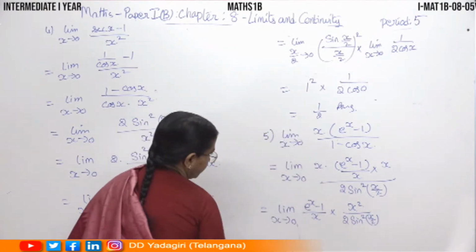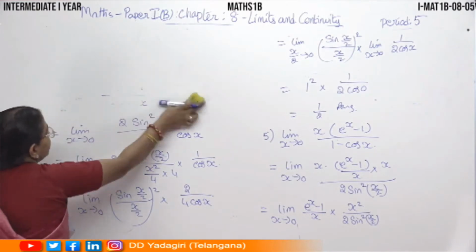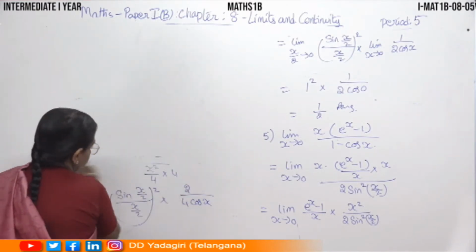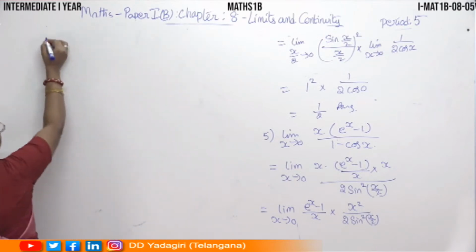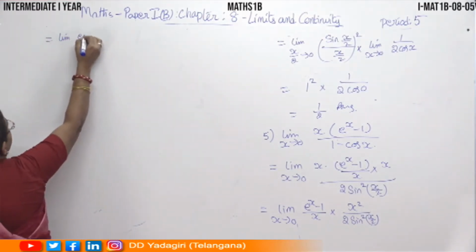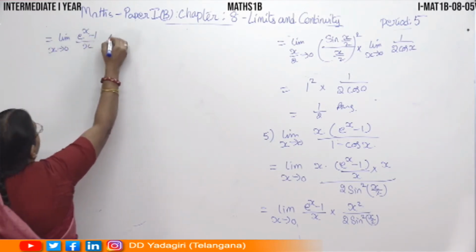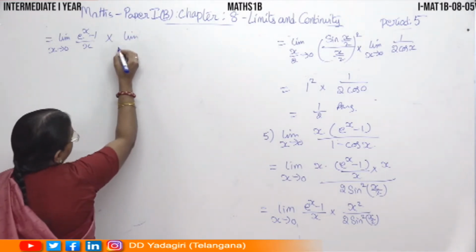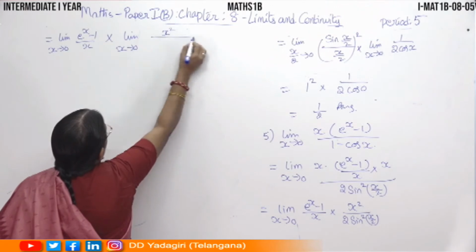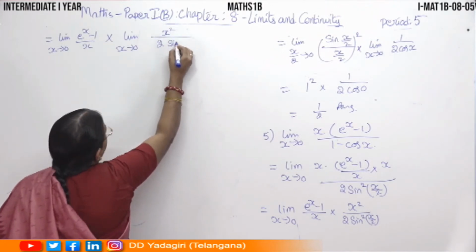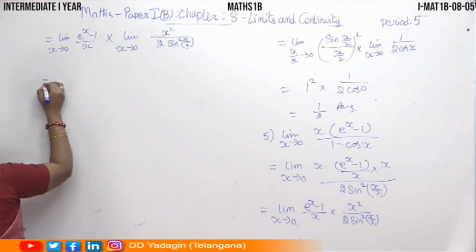Now we'll write the limits separately. So it is equal to limit e power x minus 1 by x as x tends to 0 into limit x tending to 0 of x square by 2 sin square x by 2. So, okay, this limit is 1.